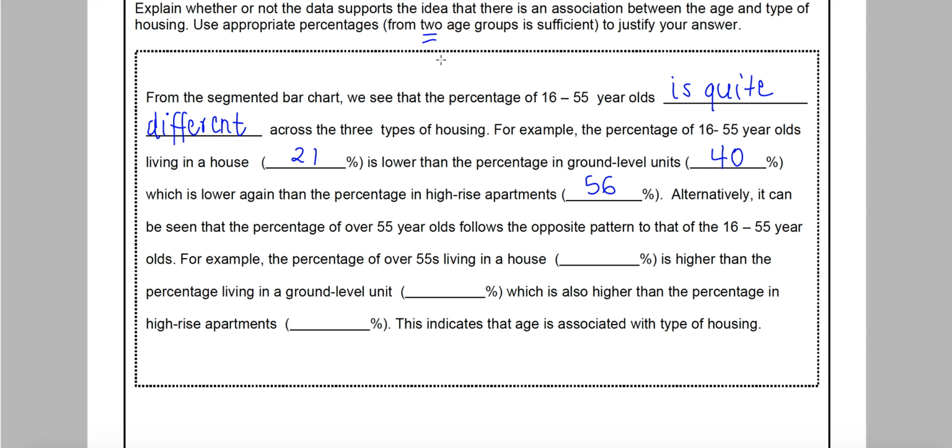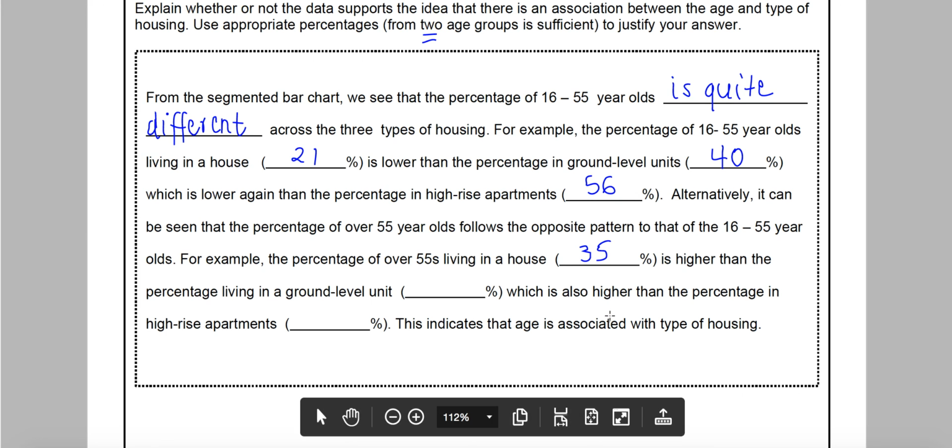Alternatively, it can be seen the percentage of over 55-year-olds follows the opposite pattern. For example, percentage of over 55s living in a house was 35%. That's higher than the percentage that live in a ground level unit, which is higher again than the percentage living in the high-rise apartments.